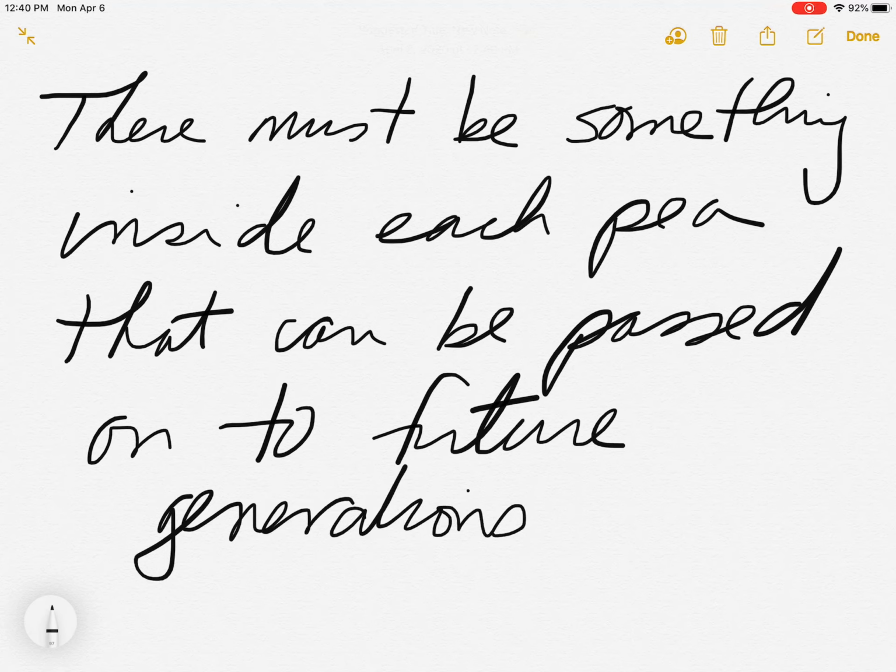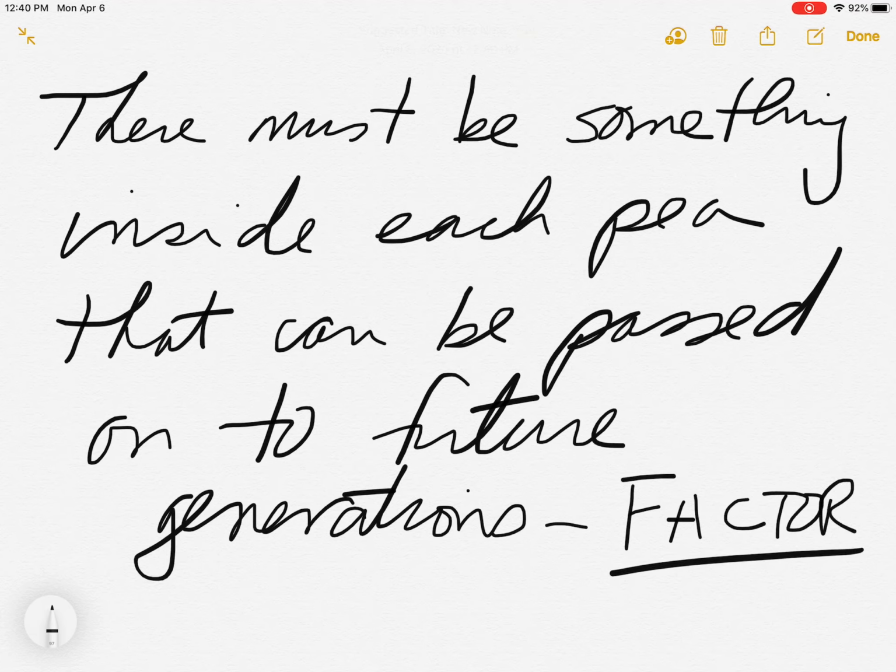And he didn't know what this was. He called it a factor. A factor. So that's on your list. That's what he meant. He just meant there must be something inside there that can be passed on. And he had no idea what it was or what it might take the shape or form of.